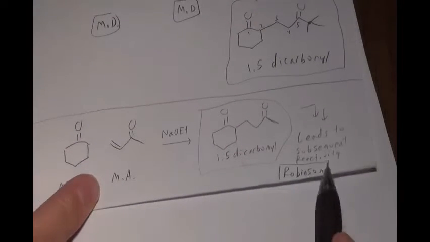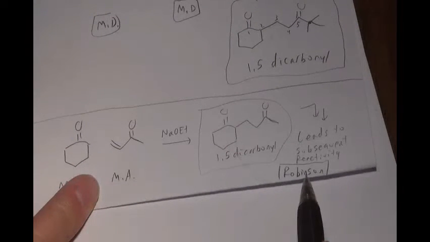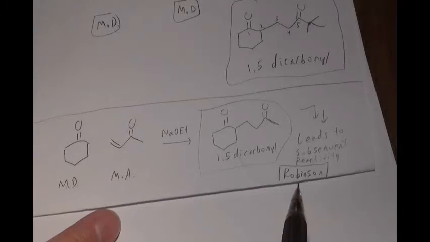Let's talk about Robinson now. Let's talk about these subsequent steps after a Michael that lead to a Robinson reaction. Yeah, a Robinson annulation is the name. This is a Michael reaction. This is going to be called the Robinson annulation is the word we're using.